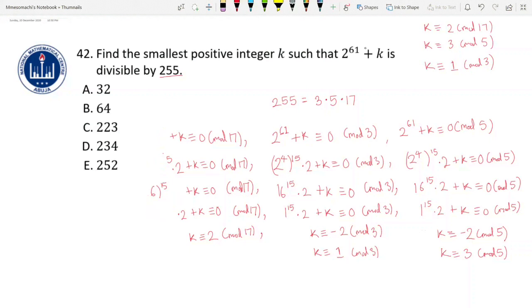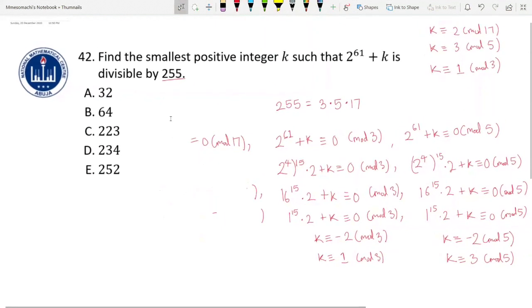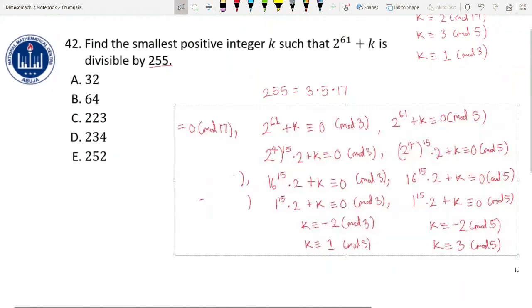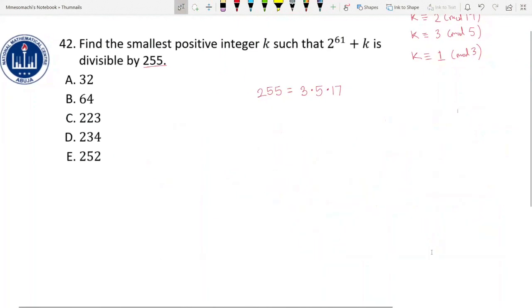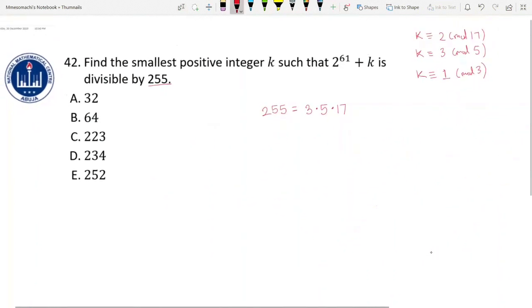Now from k congruent to 2 mod 17, what does that imply?